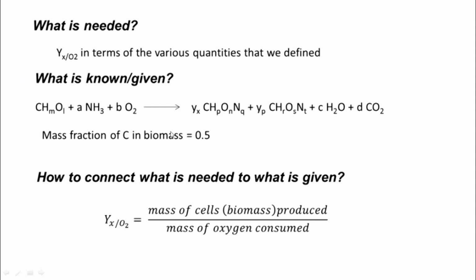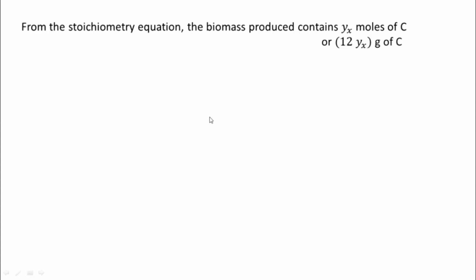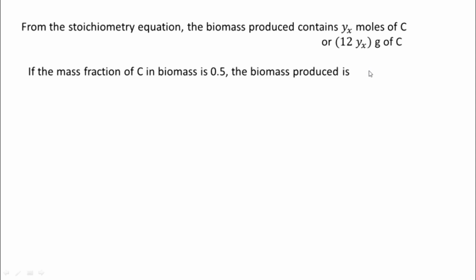Therefore, this stoichiometry gives YX moles of C, and if we multiply moles by the molecular mass, we get grams, and therefore YX moles of C or 12 times YX grams of C. If the mass fraction of carbon in biomass is 0.5, that is what we have been asked to assume in this problem, the biomass produced is 12 YX by 0.5.